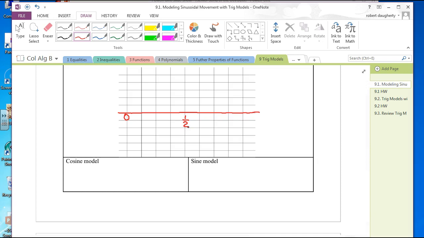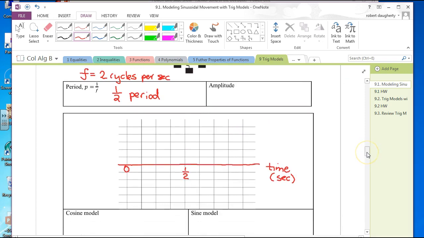Now what's happening here? This is going to be time. How is time measured in this problem? Time is measured in seconds. Okay. And I'm measuring against what? The height of that spring. How is that measured? Centimeters. Okay. So this is the height in centimeters.